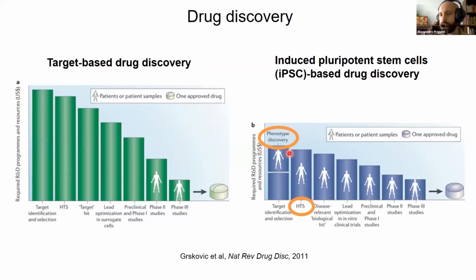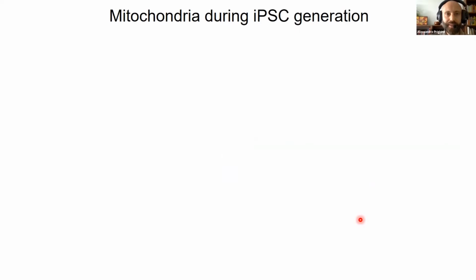We need to see whether these cells can exhibit a phenotype that we can use to understand the disease, but also as a way to perform compound screening. And the second step should be done in a way that the cells can be used in a reliable way for compound screening. If this path could be used, there's a potential that it may lead to identification of therapies. That's basically our hope.